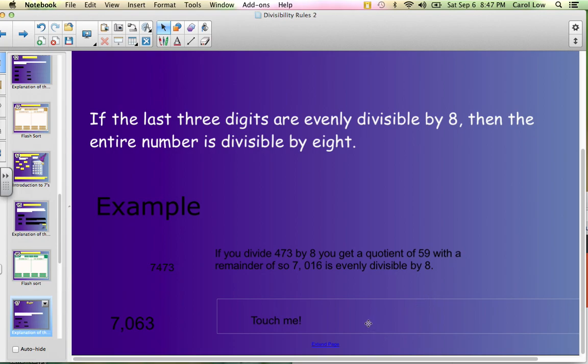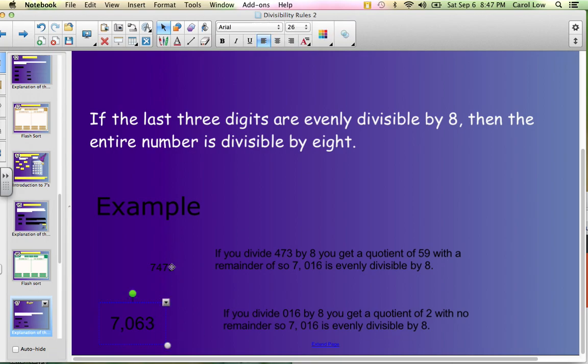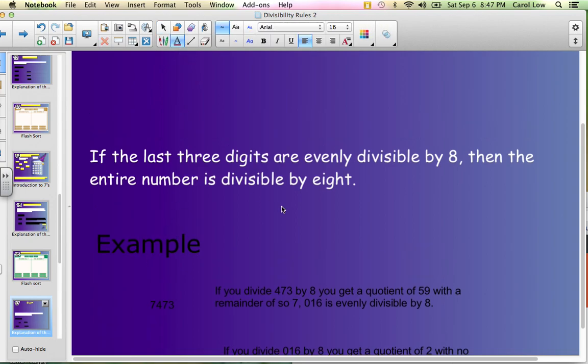This one, 7,063. If you divide 16, where are they getting 16? This should be 7,016 over here. Let's just change that. 7,016.